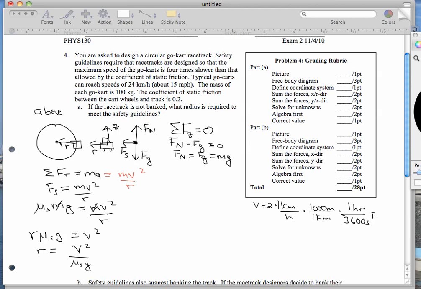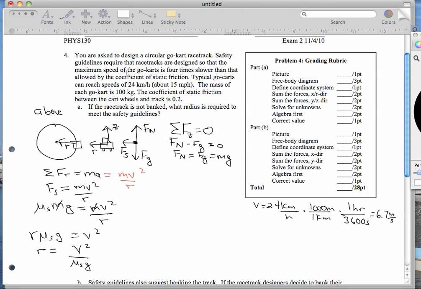Solving, I end up with 6.67, so about 6.7 meters per second.